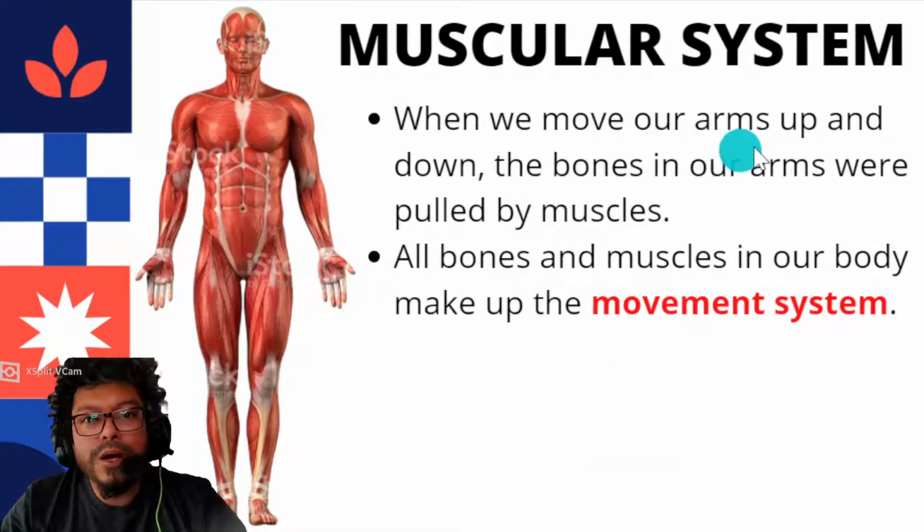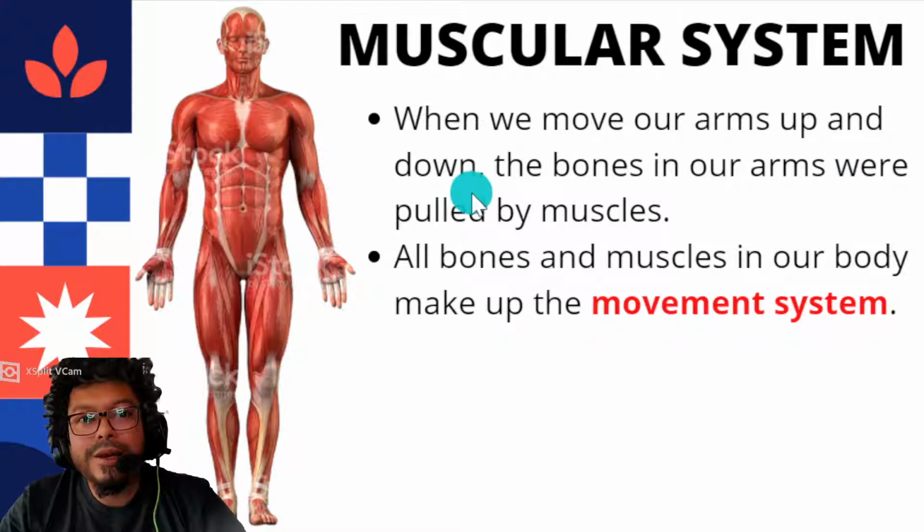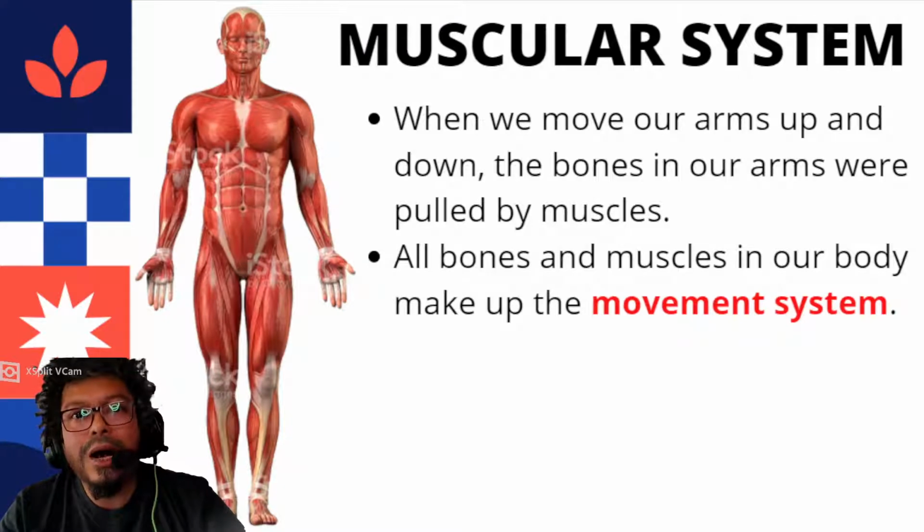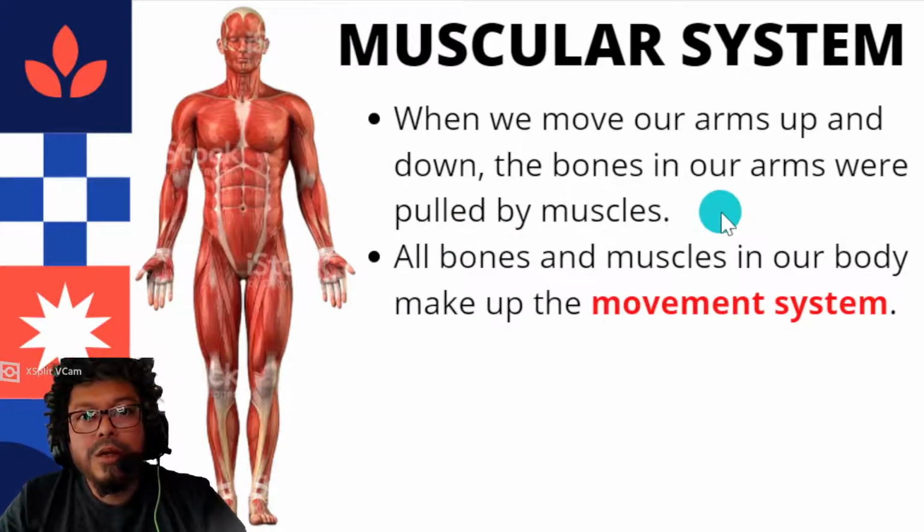When we move our arms up and down, the bones in our arms are pulled by muscle. In order for our body to move, the muscle is connected to our bones. So in order for the bones to move, the bone is pulled by muscle. All bones and muscles in our body make up the movement system.